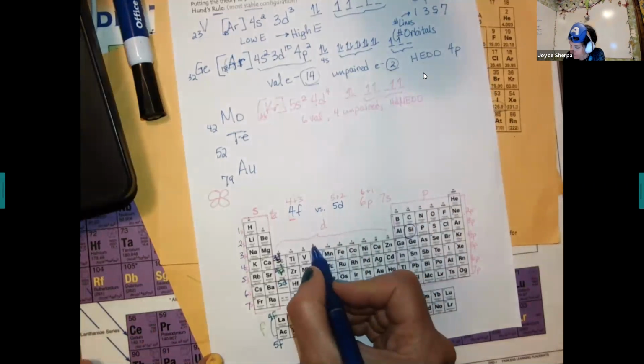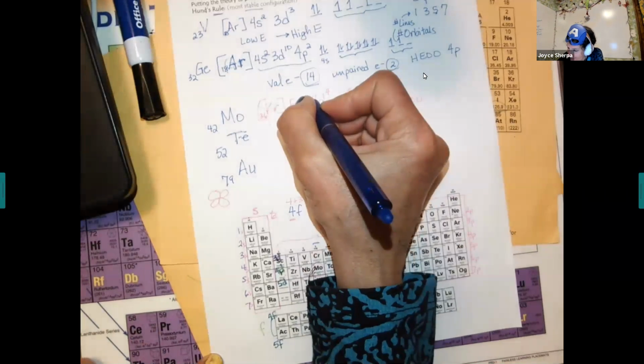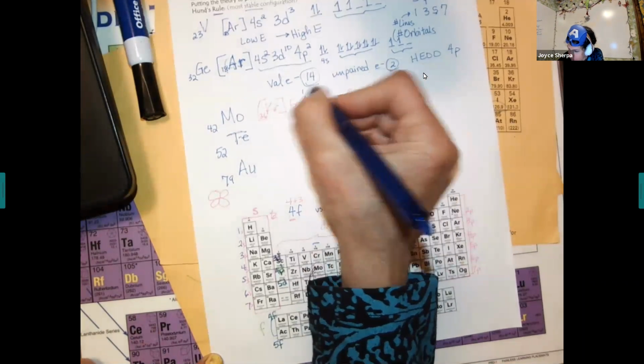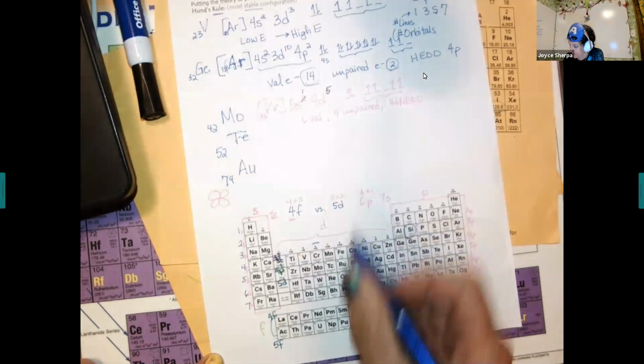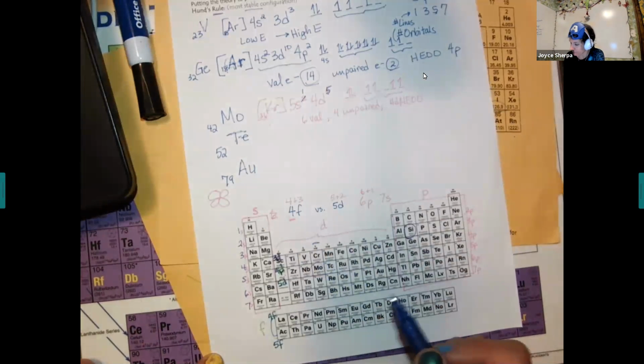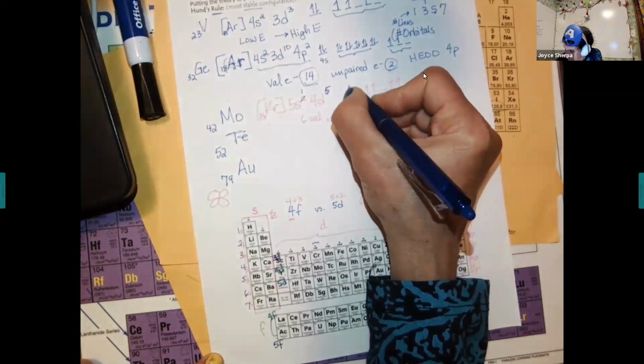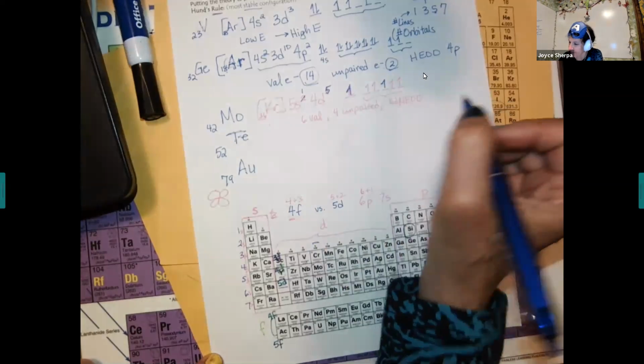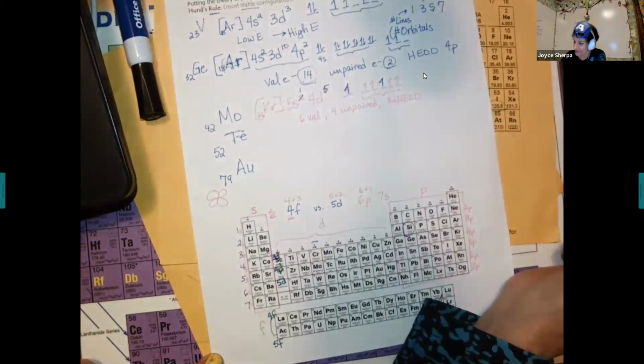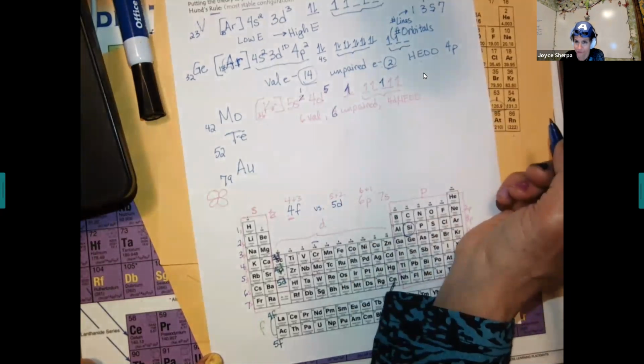And so what happens when you get to chromium, or it's molybdenum, so chromium, molybdenum, tungsten, and seaborgium, is it actually steals an electron. So actually, this one becomes an unpaired, and you get an unpaired there. You actually end up with 6 unpaired.